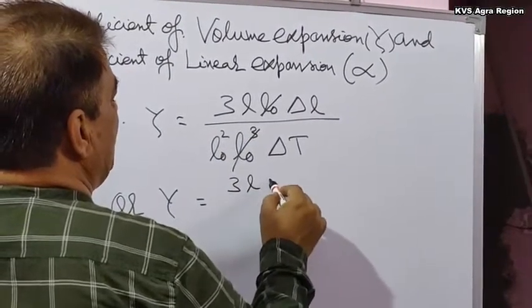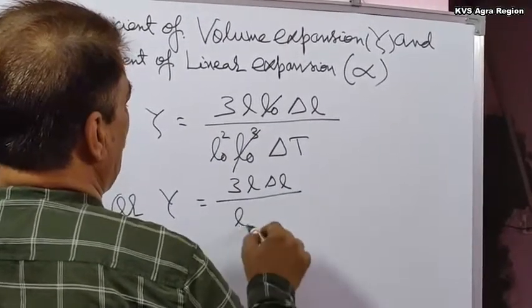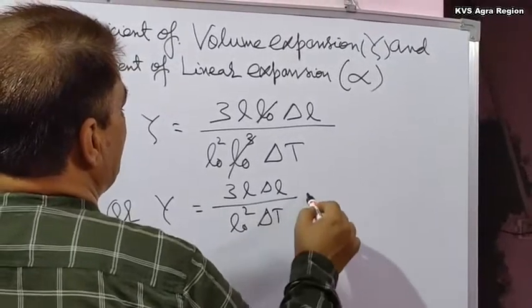So 3 L delta L upon L naught square delta T.